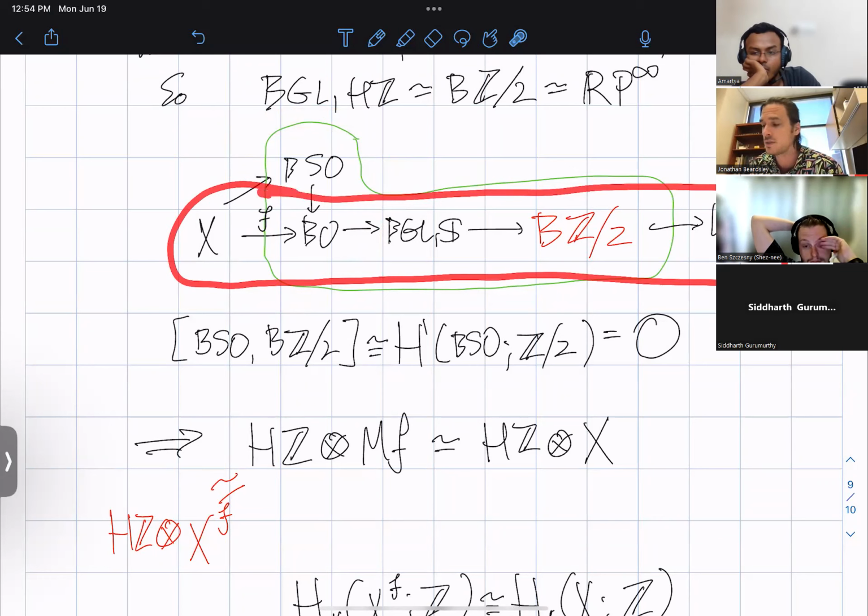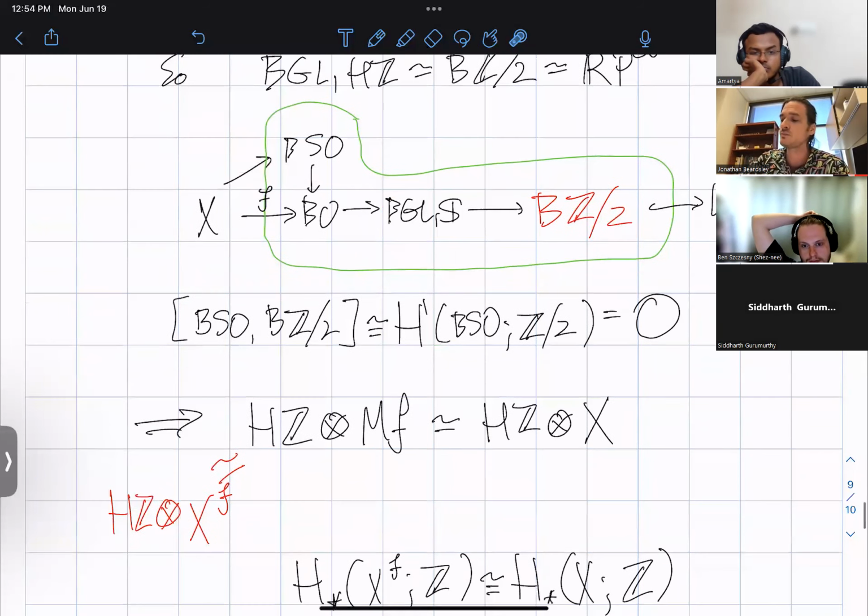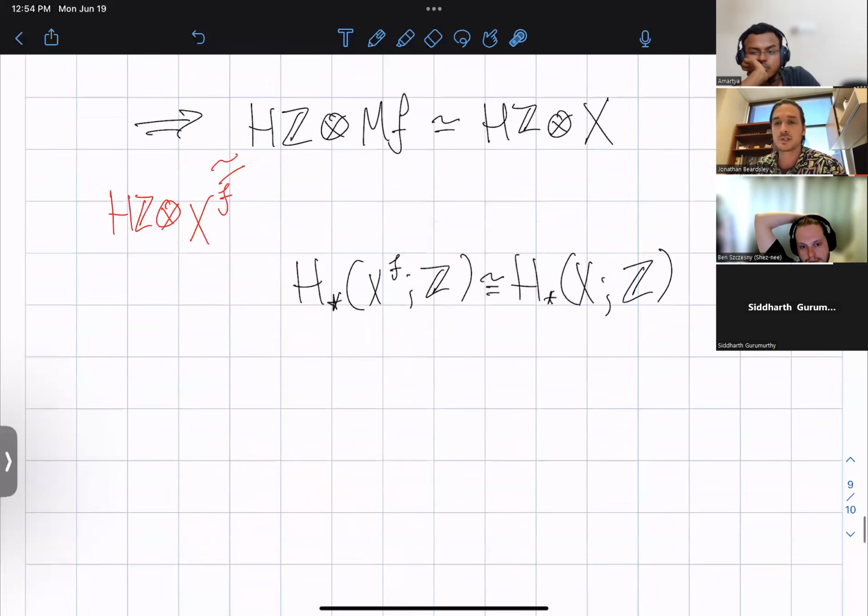And so the Thom spectrum of this thing is HZ oriented in this language that we've already introduced, which goes back to this classical case of the vector bundle itself being an oriented vector bundle. The same thing happens for complex vector bundles. Every complex vector bundle is oriented, so you get the same thing in that situation.